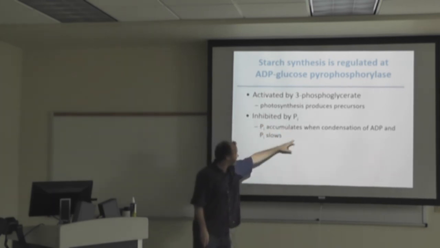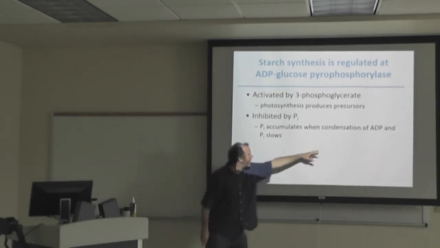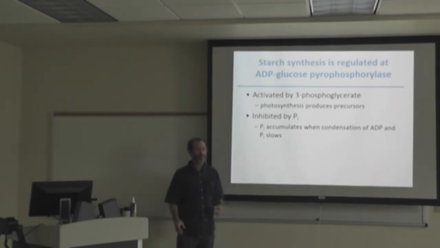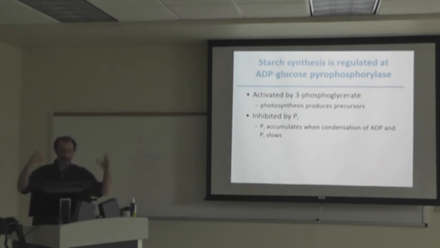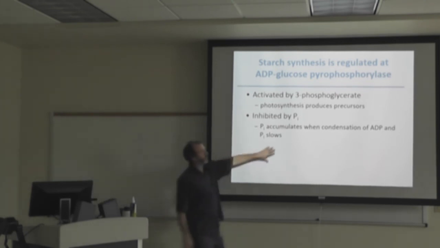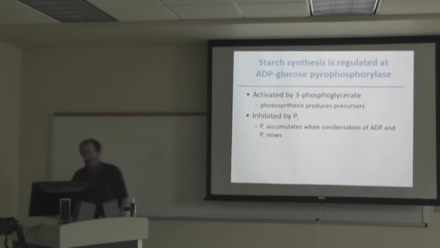It's inhibited by phosphate. Phosphate is going to accumulate when the condensation of ADP and phosphate slows. So you're not making as many ATPs, so phosphate will accumulate. So rather than making sugars and storing them, you're going to start burning sugars to make more ATP, right?